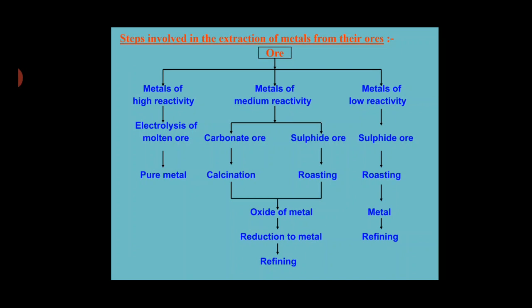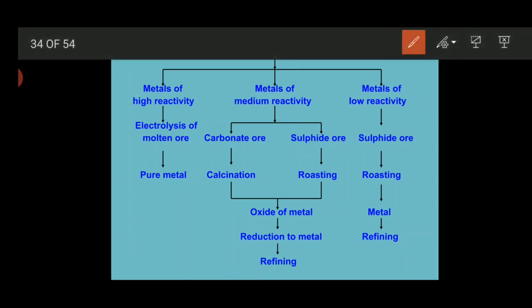4 steps are involved. We already know that metals are categorized in 3 states: highly reactive metals, mild reactive metals, and least reactive metals. So here it is written: metal of high reactivity, metal of medium reactivity, metal of low reactivity.